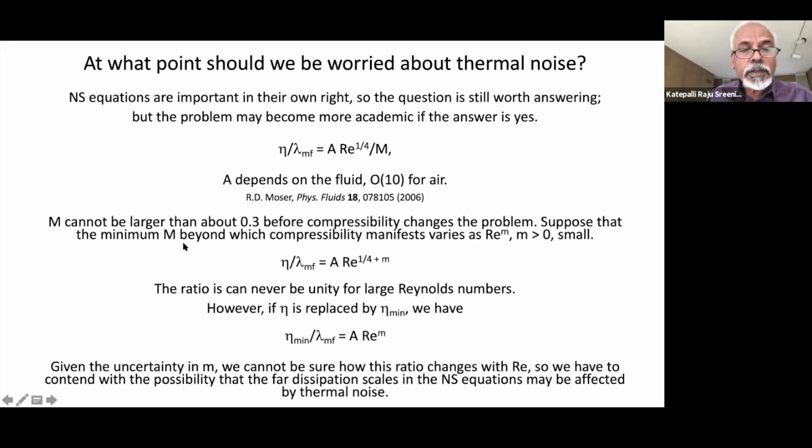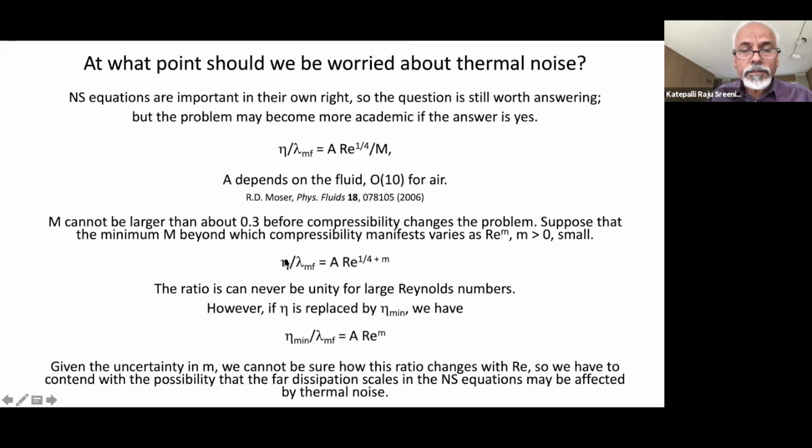Suppose that the minimum Mach number beyond which compressibility manifests also varies with respect to Reynolds number, say Re to the power m, where m is positive and small. I don't know that this is exactly true, but the limited available data from Diego Donzis's simulation seems to suggest that that may be the case.